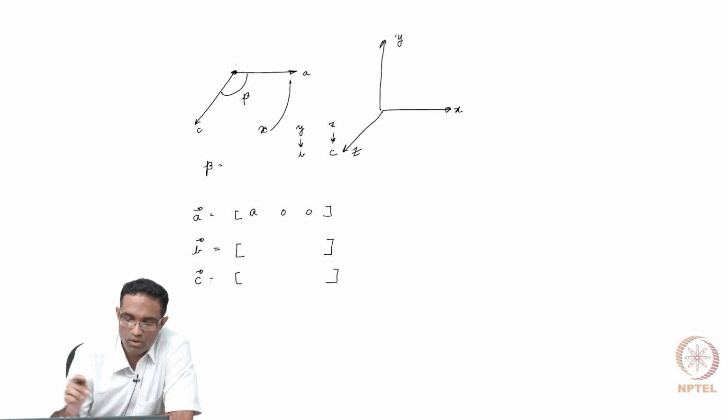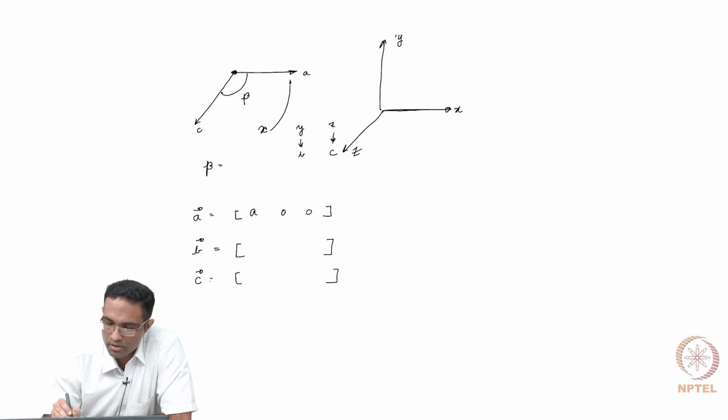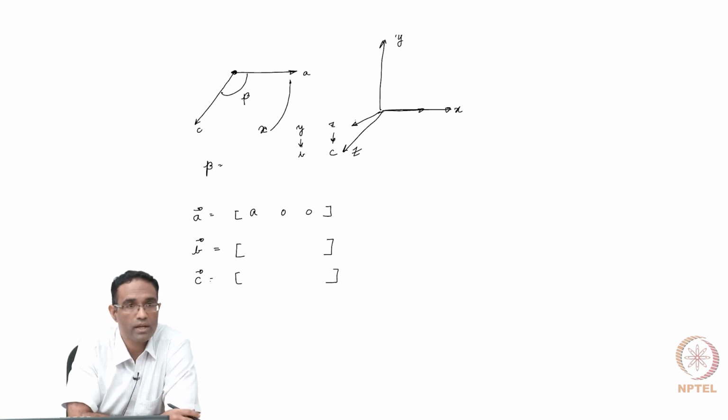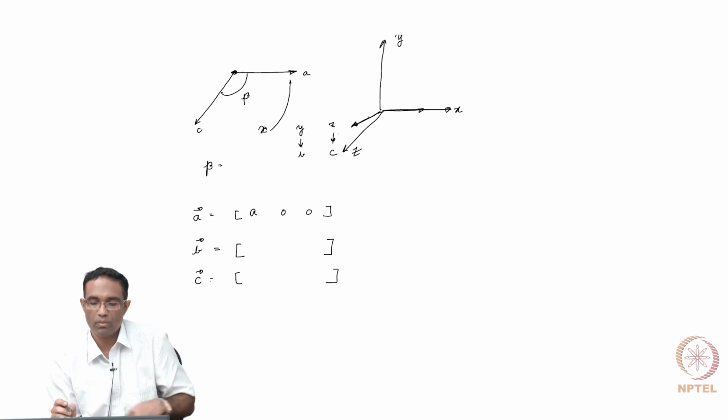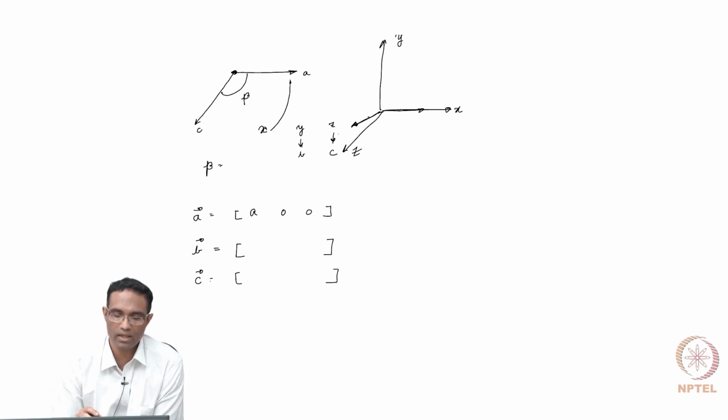So if our a is pointing in this direction and our c is pointing in this direction, then in what plane does the c vector lie? It lies in the xz plane, right, it lies in the xz plane.